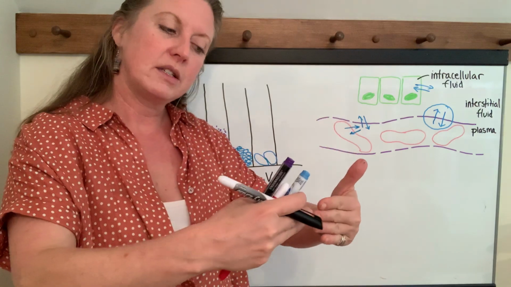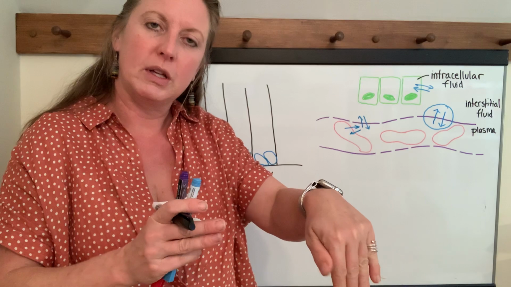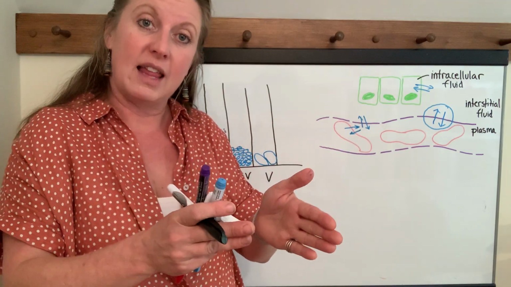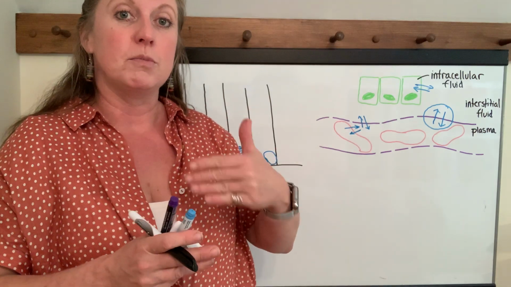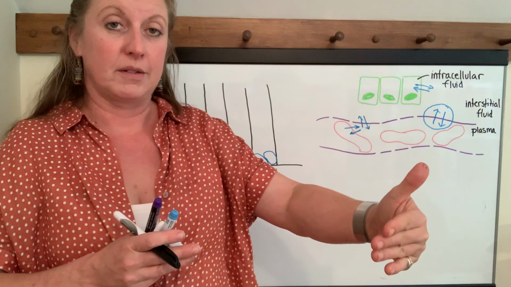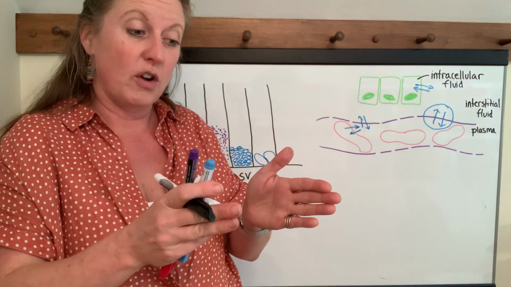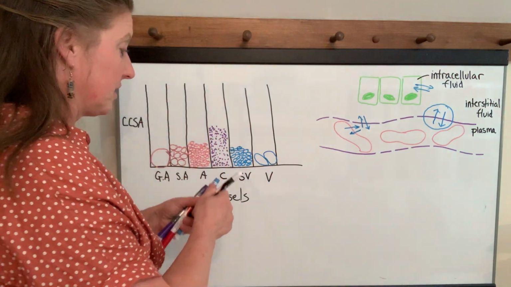But by the time you get to the dam, which is a much smaller area that the water is allowed to spill over, the water is going really fast, and that's because it's got less area to get through. And yet it's moving the same volume of water as is moving back here. It's just that that volume of water has to get through a narrower space and therefore moves faster.